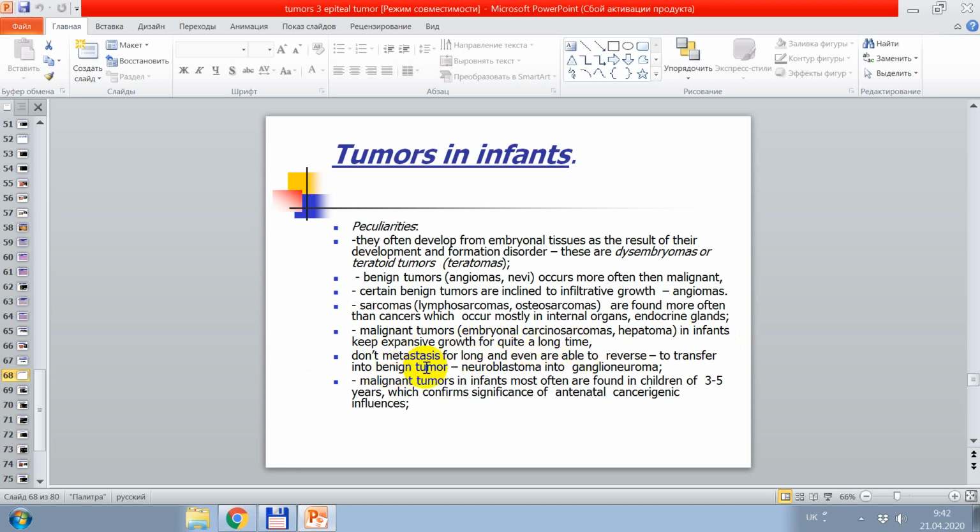They don't metastasize for long, and are even able to reverse and transform into a benign tumor, neuroblastoma into ganglioneuroma. Malignant tumors in infants are most often found in children of 3-5 years, which confirms the significance of antenatal carcinogenic influences.